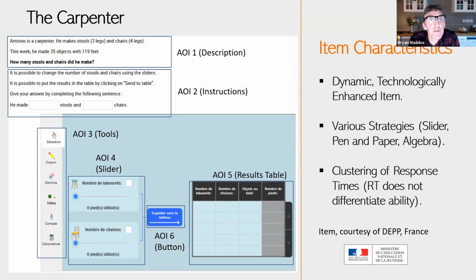So I've created a number of AOIs, areas of interest. At the top, we have a description, and then we have the instructions. AOI 3 is a set of digital tools. And we not only look at when people are looking at those tools, but how they use those digital tools and whether they use those digital tools. In my experience, digital tool design is perhaps an area that is really quite difficult.